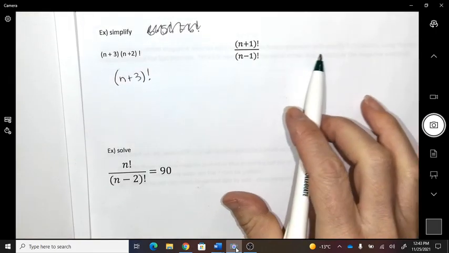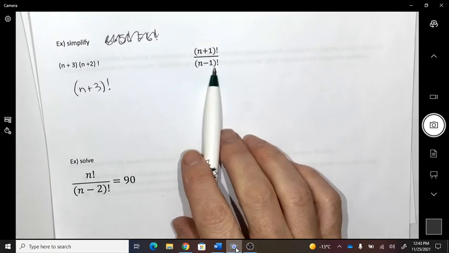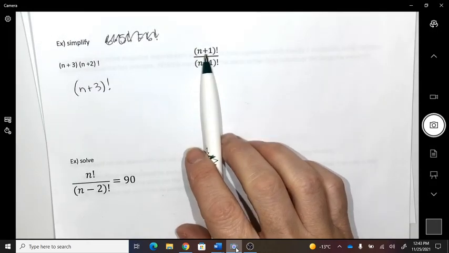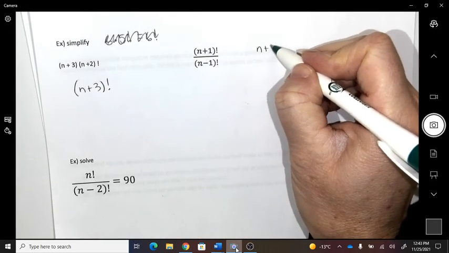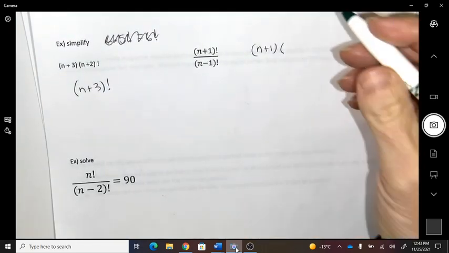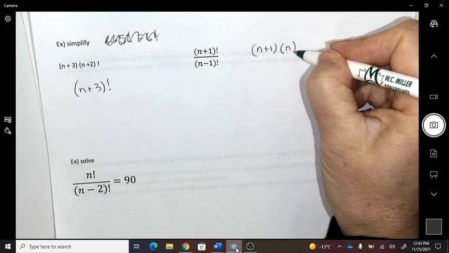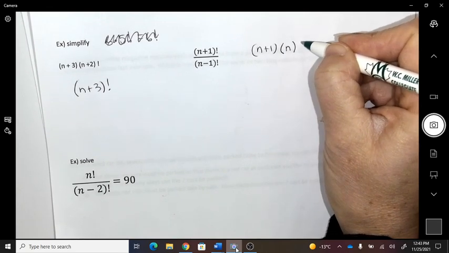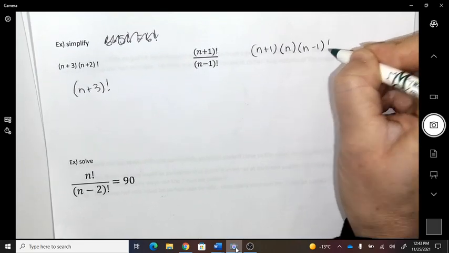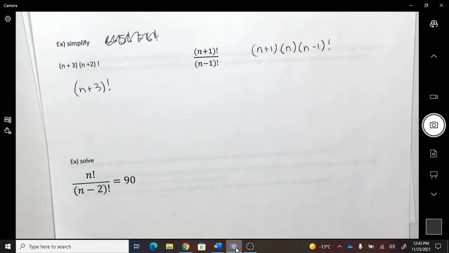Okay, ready? Which one of these is the bigger number? N plus 1 is a bigger number. So n plus 1, expand. What's the next? If you go down 1, what is it? Just an n. What's 1 lower? N minus 1. And I'm going to stop that. I'm going to say it just keeps going, going, going. Why did I stop specifically there?